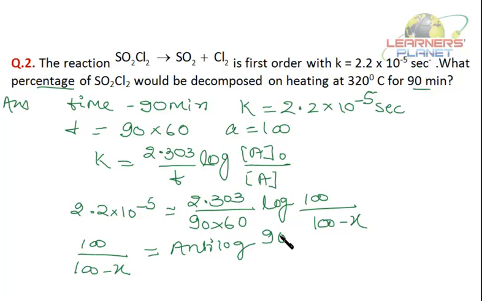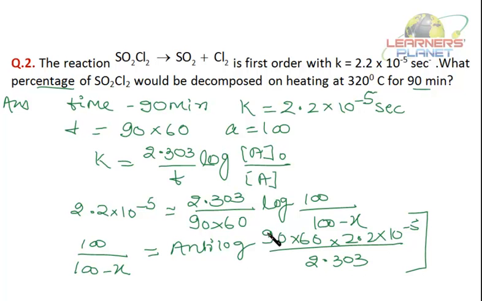Anti-log of 90 into 60, multiplied by 2.2 into 10 to the power minus 5 divided by 2.303. So solve this complete thing and take out its anti-log.